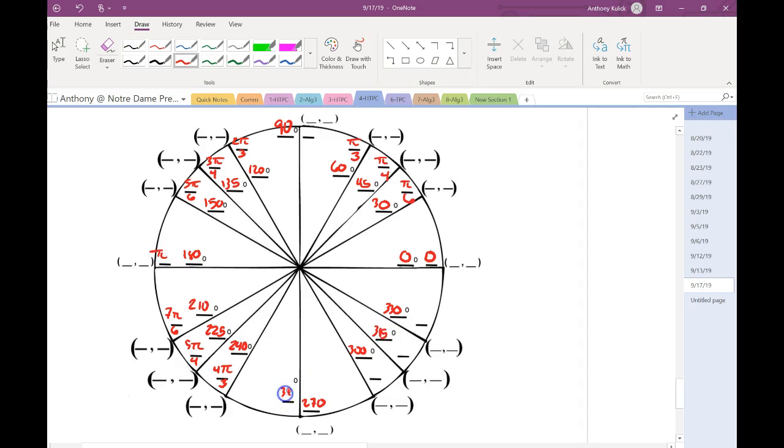And 270 is 3 pi over 2. 300 is 5 pi over 3. And 315 is 7 pi over 4. And 330 is 11 pi over 6. Correct. Eleven pi over 6 is 330.